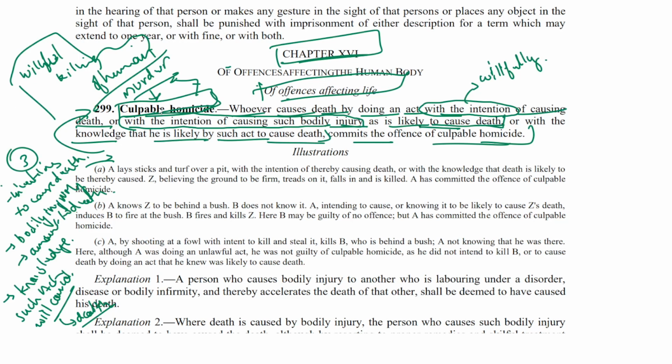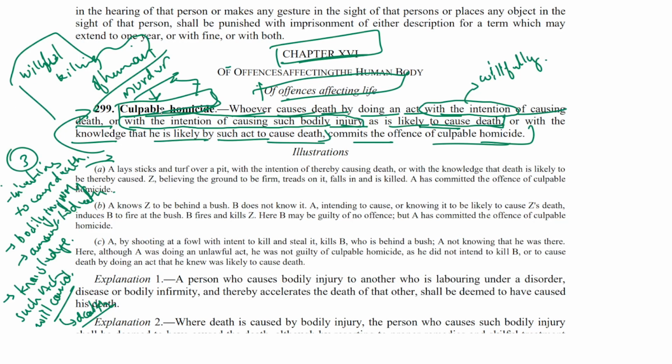Then whether the person can be charged for murder or for culpable homicide, that is something we will understand. But since it is a long chapter, a very important yet interesting topic, we need a clear mind, and that is perhaps the reason we will continue this portion in our next lecture.